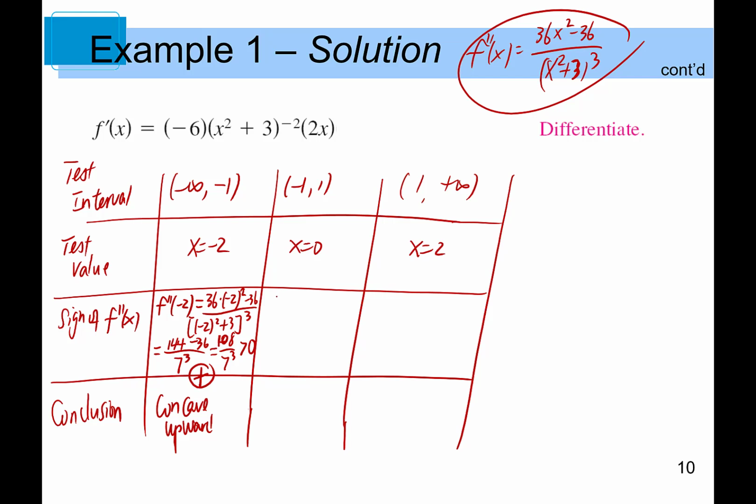The second interval, f double prime of 0, so it becomes 36 times 0 minus 36 over 0 squared plus 3 to the third, so it becomes -36 over 3 cubed. This is definitely less than 0, so it's negative. Negative indicates concave downward.